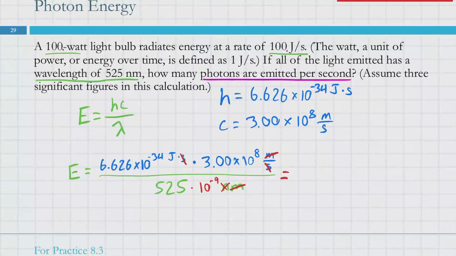So we'll grab our calculators. We'll put in 6.626 e negative 34 times 3e8 divided by 525 e negative 9. This is 3.786 and some other numbers times 10 to the minus 19 joules.